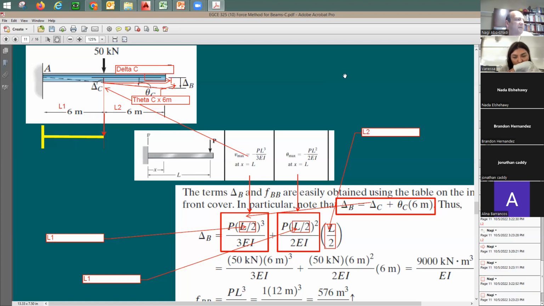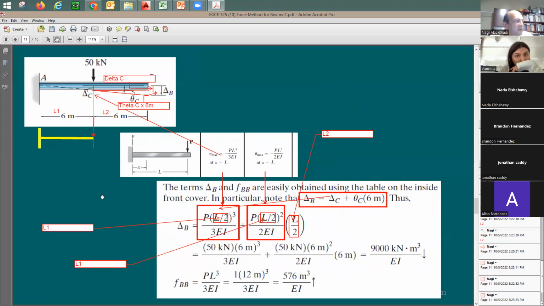Yeah. Okay, very good. It's good that we put it in terms of L1 and L2. So if you have two different lengths, you should be able to work it out here. The math here is going to be very simple, right? You do P, you do L cubed, and we don't have EI here, and we don't really need it. We can just solve the whole thing in terms of EI.